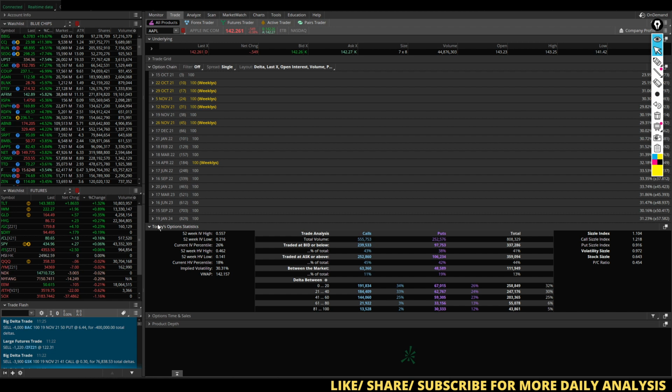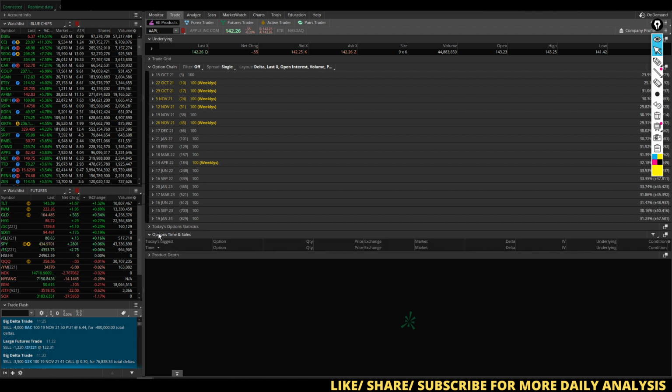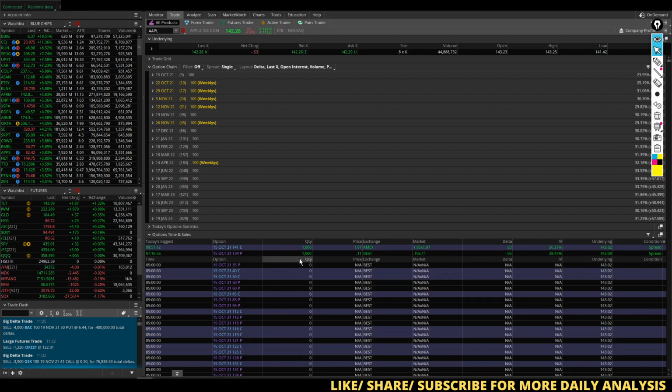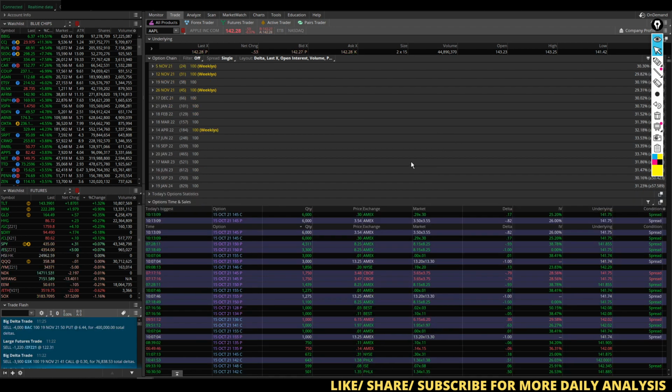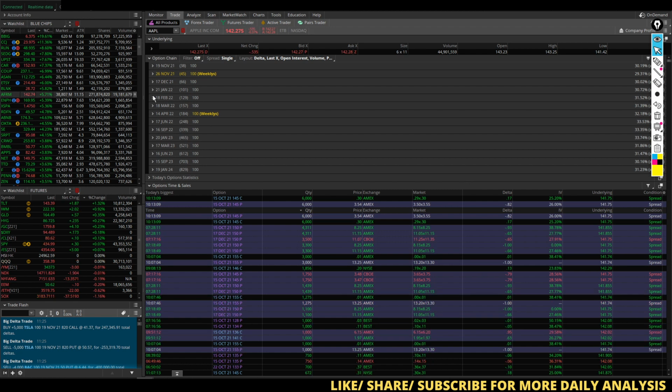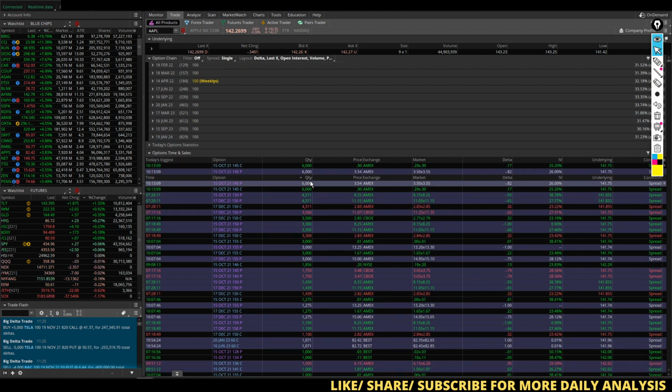Interesting, more calls were traded, but with Apple's case, it's the biggest company in the world by market cap, I think about 2.3 trillion at the moment, and it trades with a lot of option volume. It's very difficult to say whether the option market is bullish or bearish, because look at what people are doing.